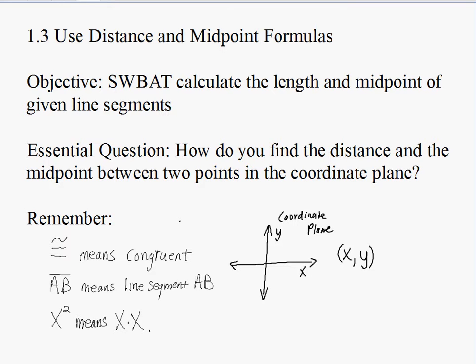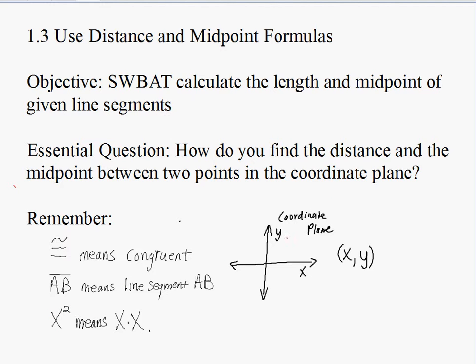Some things I want you to remember. Over here, this symbol means congruent. When we have this symbol right here with no arrows, this is line segment. X squared means x times x. So you times your base however many times you see this.